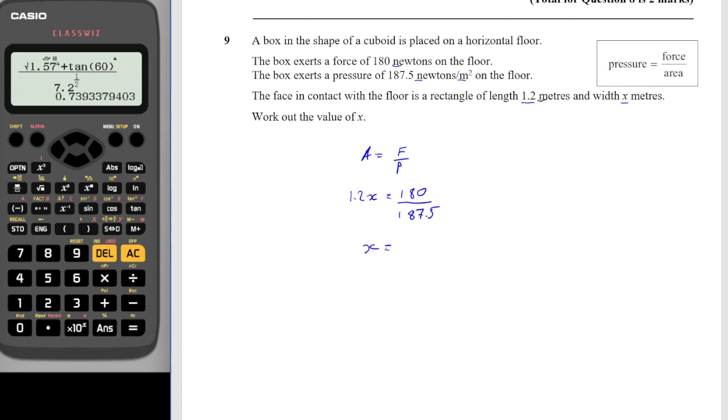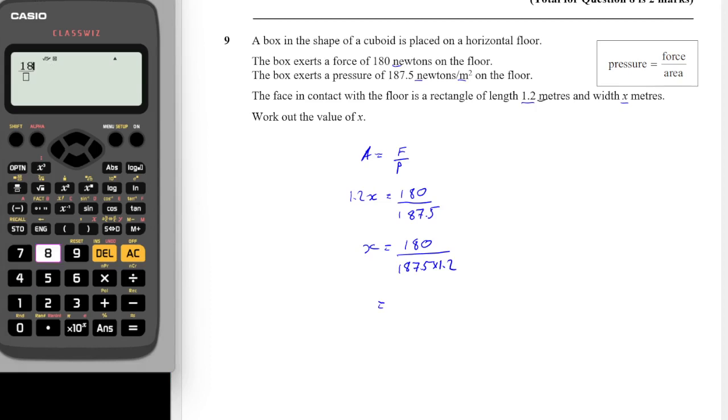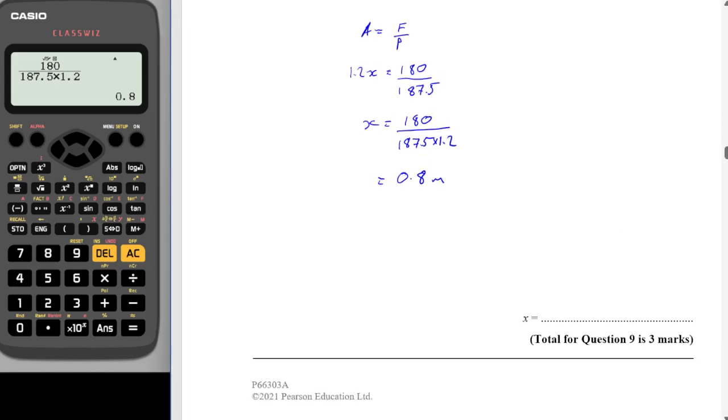To avoid typing things into my calculator a few times, I'm going to type that in as 187.5 times by 1.2, and then just use my calculator. So fraction, and I'm going to go 180 divided by 187.5 times by 1.2, and that gives me 0.8 meters. So my answer is going to be 0.8 meters.